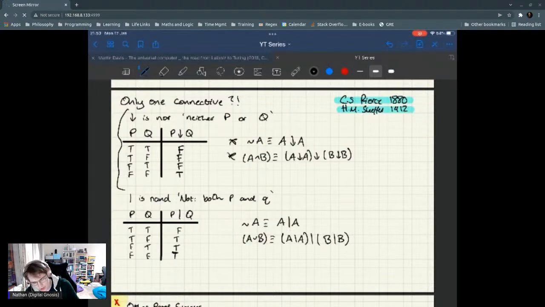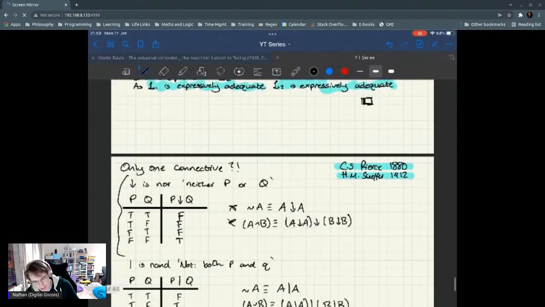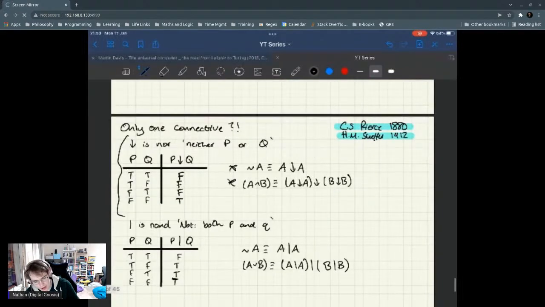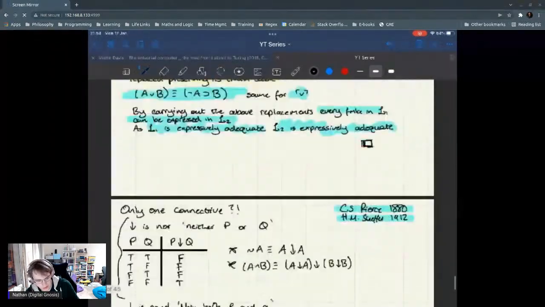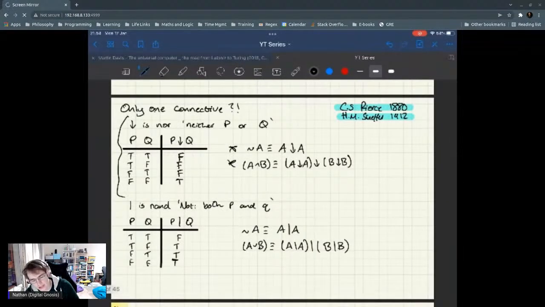And so because you've got that translation between not and, and because not and is expressively adequate, you can have just the connective of the downstroke. Downstroke sounds a bit strange, but you can have just the connective of the downstroke in an expressively adequate language.